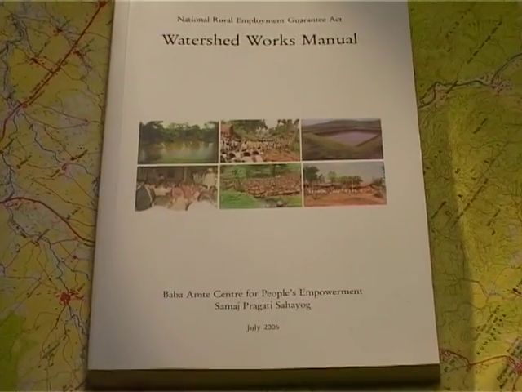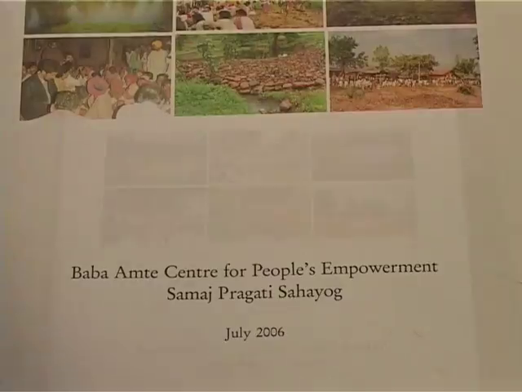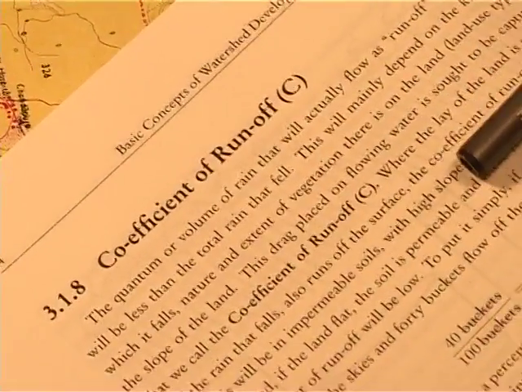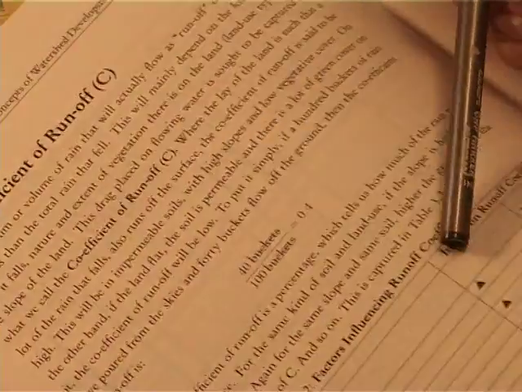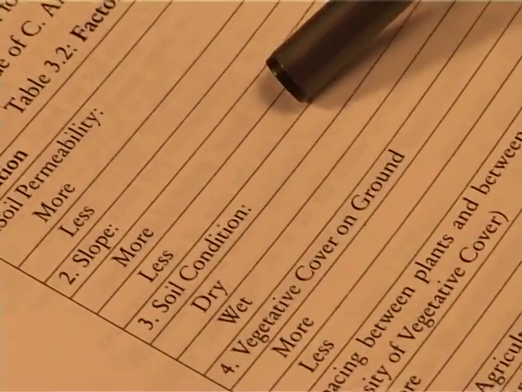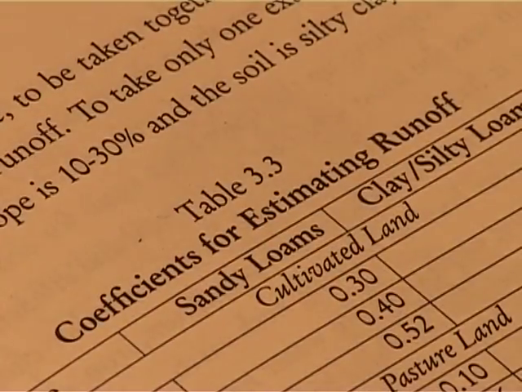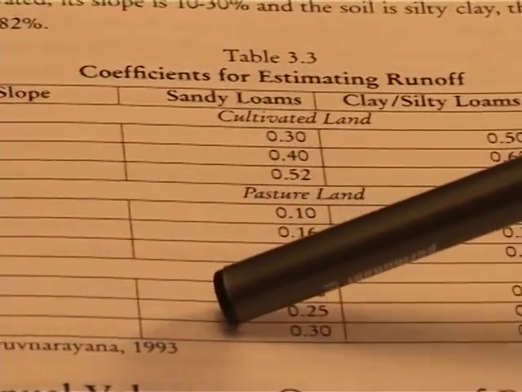The value of the runoff coefficient has already been calculated for each type of area. The higher the slope, the more barren the land and more impervious the soil, the higher will be the value of the runoff coefficient.